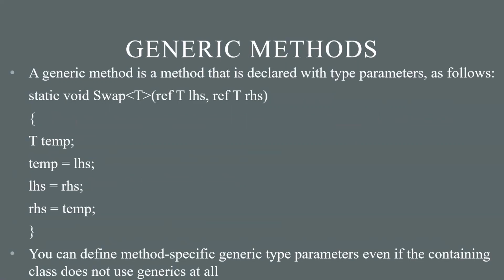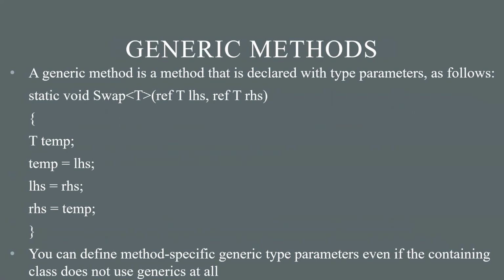Next is generic methods. We can define a generic method also inside a class. So here's an example, like we have a Swap method, and you see that it's a generic method, and we have two parameters. Again, the data type is not there. It's a reference type, because we are using ref and we are giving T, so its data type will be inferred when this method is called.